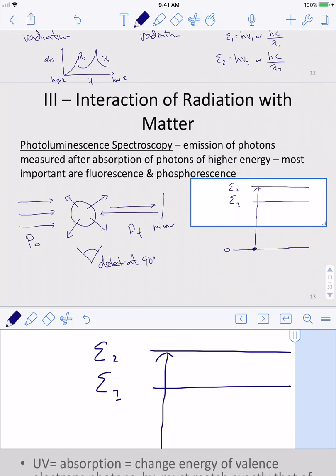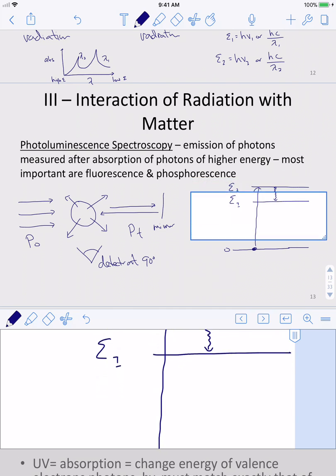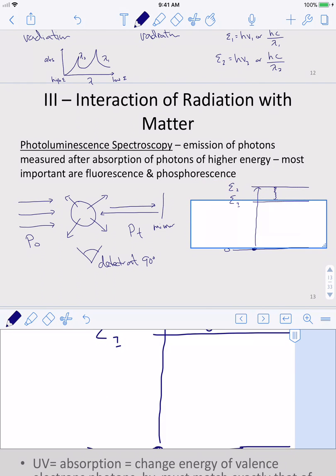So it has a couple of options. And what it could do is go through a non-radiative transition back down to the first excited state, shown by the squiggly line. And then once it gets there, it gets to this bigger gap and says, okay, maybe the most efficient way is for me to jump straight back down and emit a photon out.